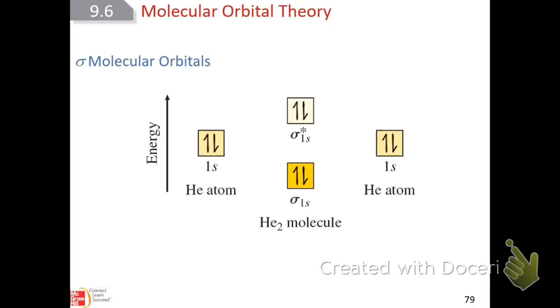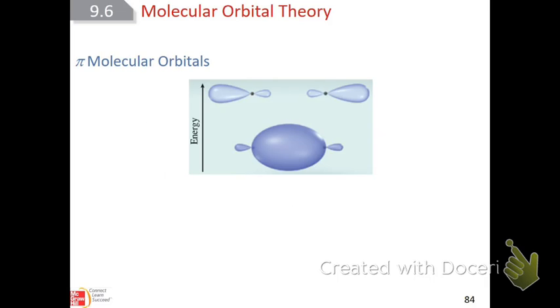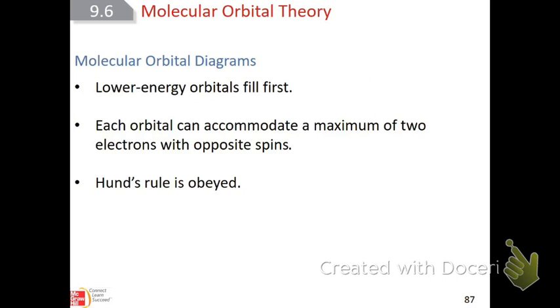Okay, and that's pretty much all I'm going to ask you to know, except for this very last portion on chapter 6, section 6, I'm sorry, where it kind of summarizes everything on page 398 of your text. Please remember, your lower orbitals are always going to fill first, and each orbital can only hold 2 electrons with opposite spins.